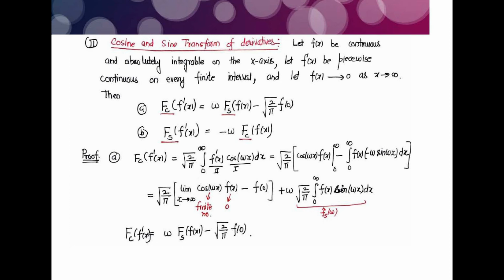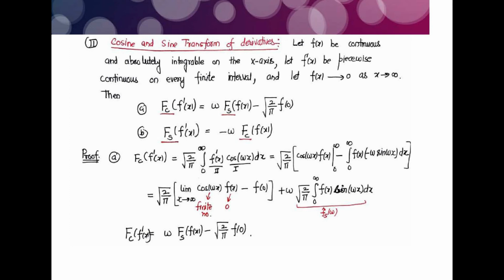Now in the first expression on the right side, we put the limits. When we put the lower limit, that is 0, cos 0 is 1, and we get just f of 0. The upper limit, I am keeping as it is, the limit x tends to infinity of cos of wx f of x. Now we integrate the second part, that is 0 to infinity f of x times minus w sine of wx dx. We just rewrite it, and finally we have this expression.